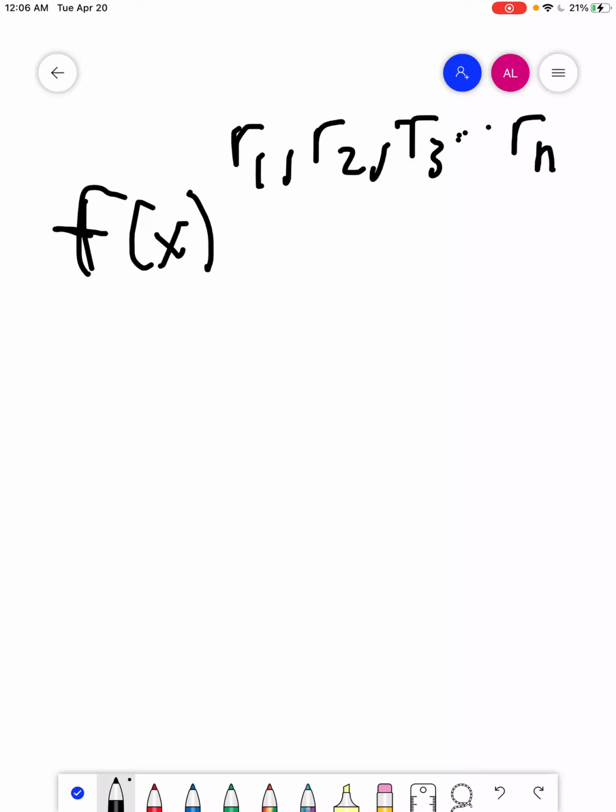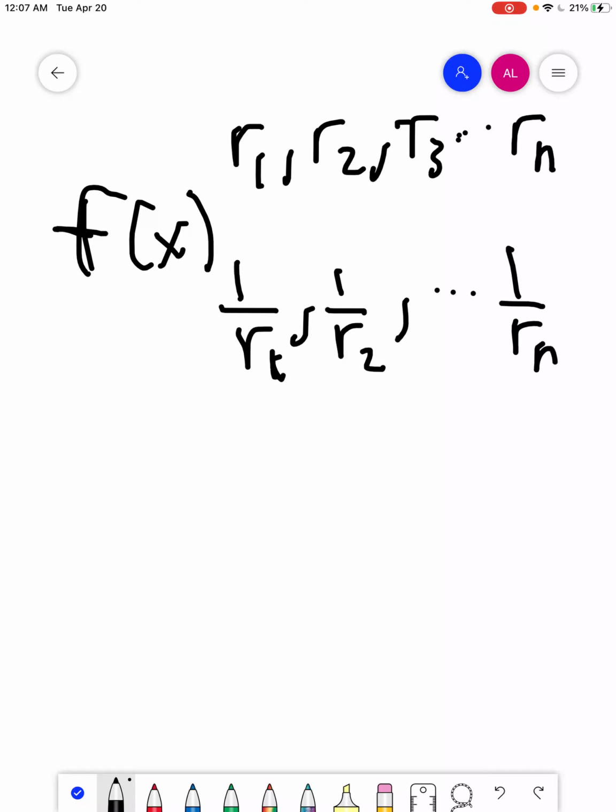However, I want a function with the roots 1 over r1, 1 over r2, through 1 over rn. So this first transformation will be how to find the reciprocal of the roots.